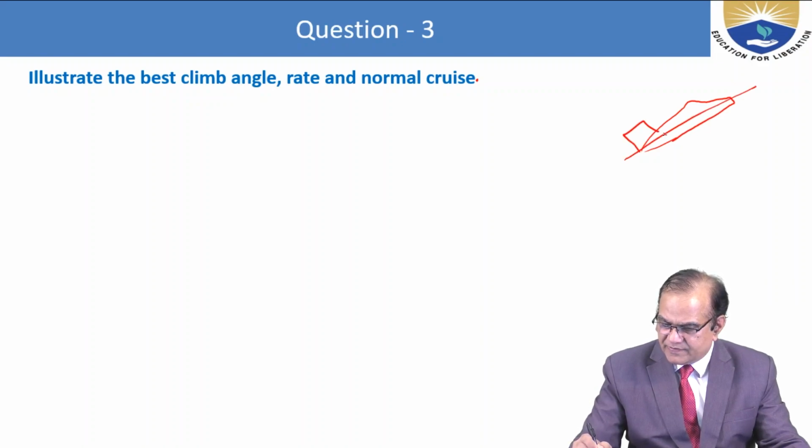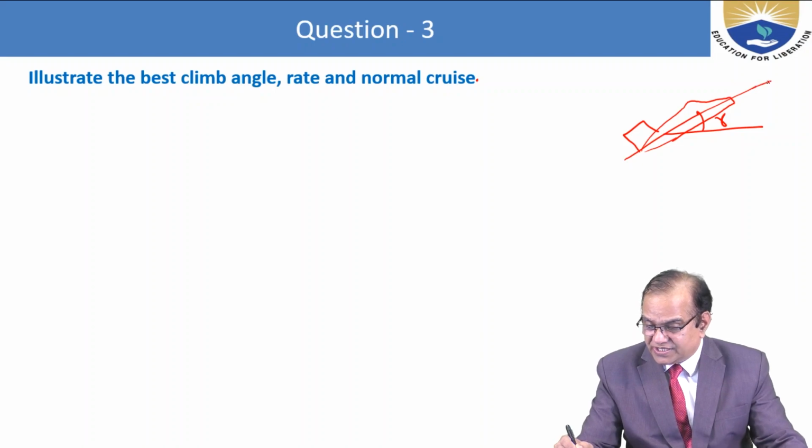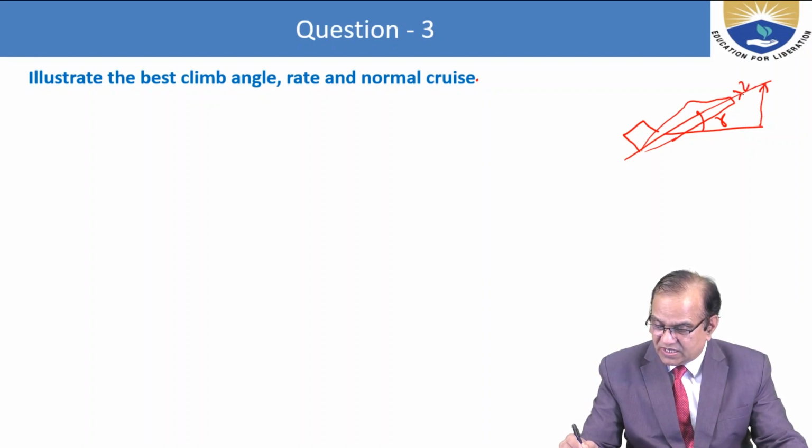This is the climb angle, and the best climb angle, and how much the rate. So the rate of climb, this is the V, so this part will be V sine gamma. This is called rate of climb.